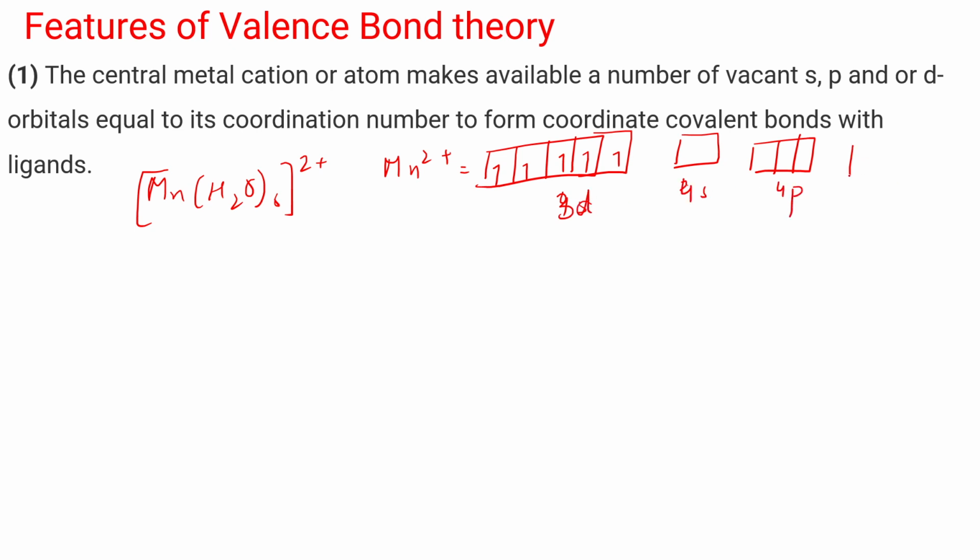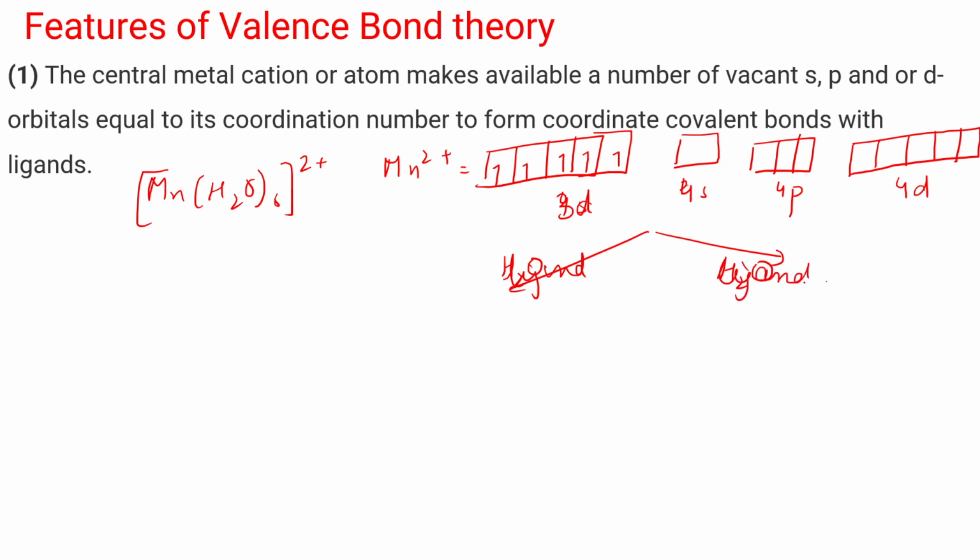But you know now, why will pairing be occurring? There is 4d available. So there are two options: H2O, H2O, ligand donation. Let us consider it in that way. If the ligand is strong and if the ligand is weak.